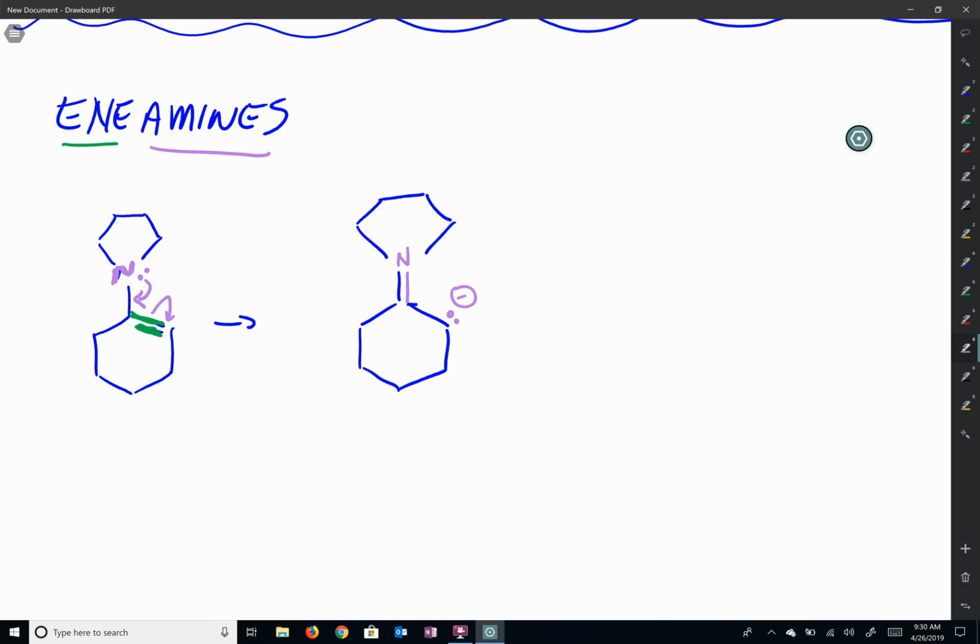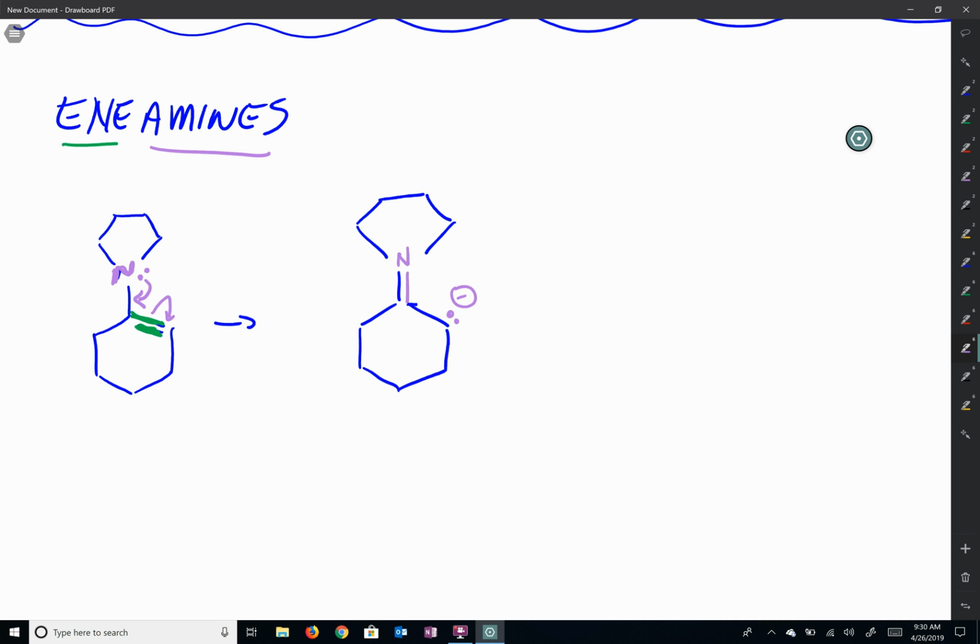Well, we can do a lot. We can throw in certain alkyl halides, benzyl halides, vinyl halides, allylic halides, some acyl halides, things like that. So we can react this enamine in a very similar way to what we do with the enolates.